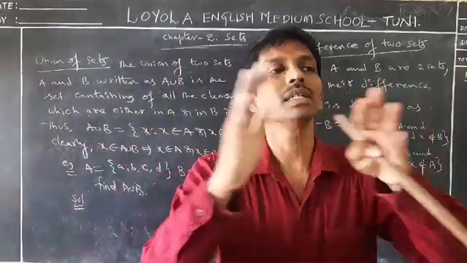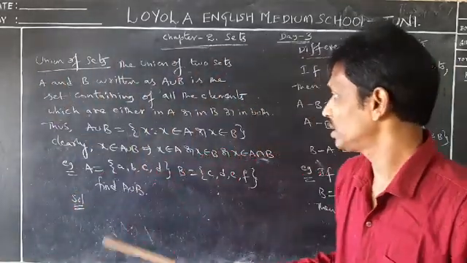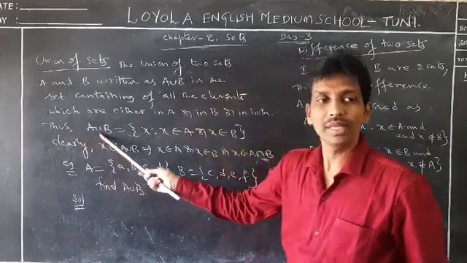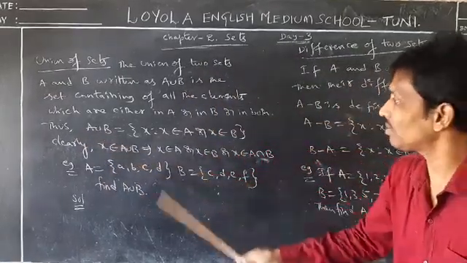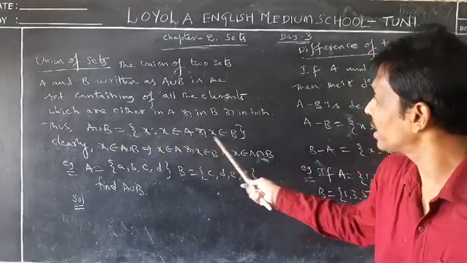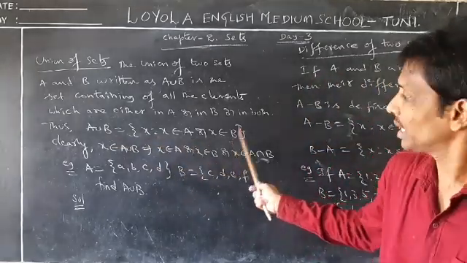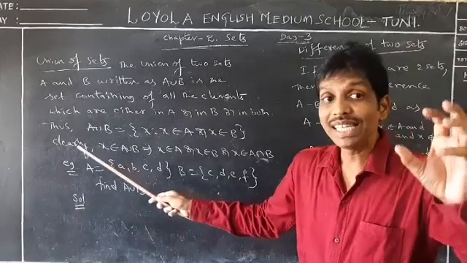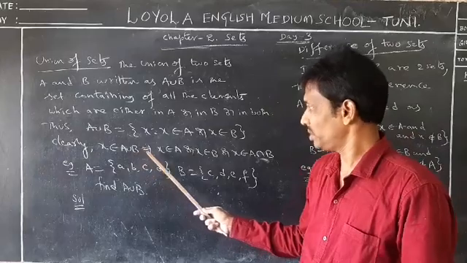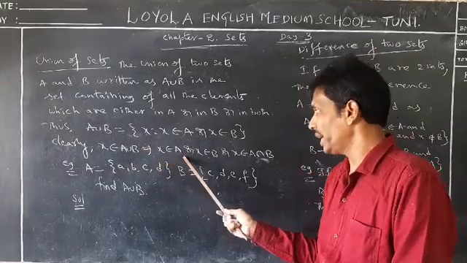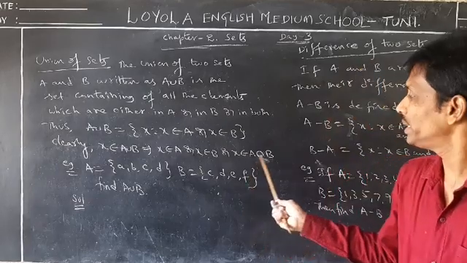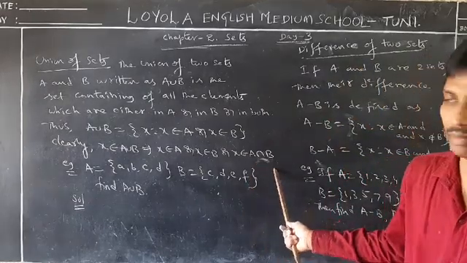Clearly, A union B in set builder form is A union B equals the set of x such that x belongs to A or x belongs to B. If an element x is in A union B, then x belongs to A or x belongs to B or x belongs to both A and B, that is A intersection B.